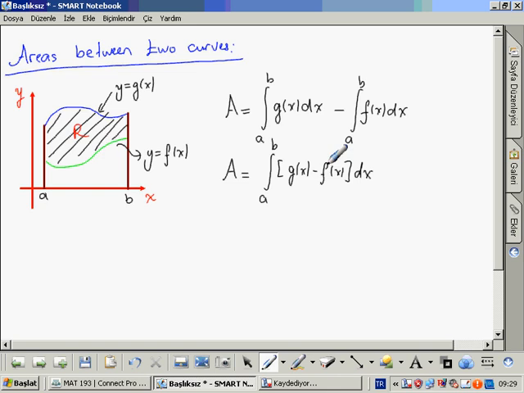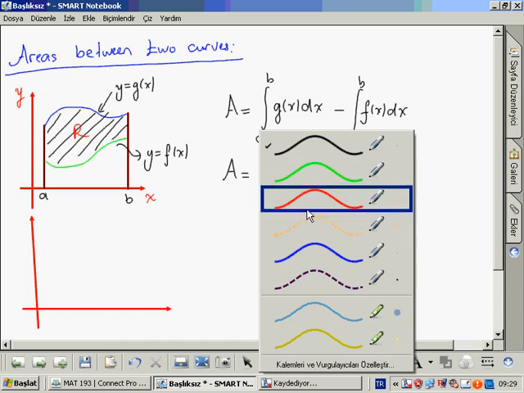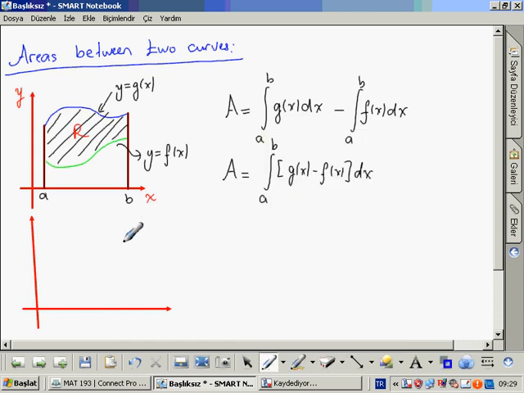Here is another idea to understand this part. Let me write it, and the green one is like that.